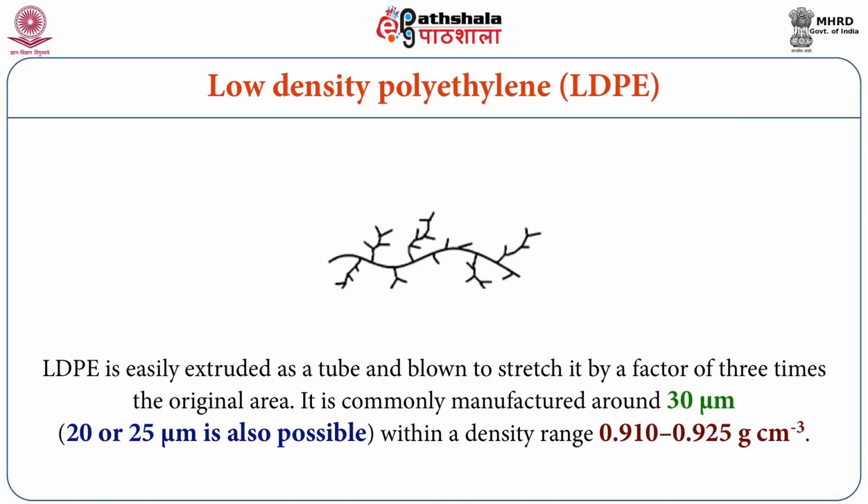LDPE is easily extruded as a tube and blown to stretch it by a factor of 3 times the original area. It is commonly manufactured around 30 micron within a density range of 0.91 to 0.925 gram per centimeter cube.